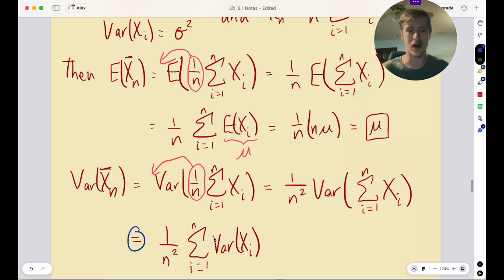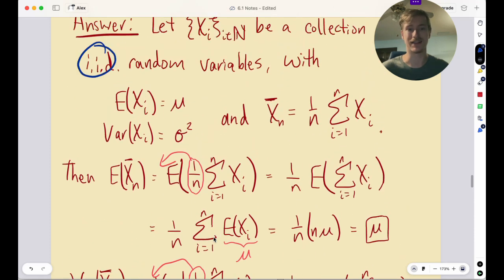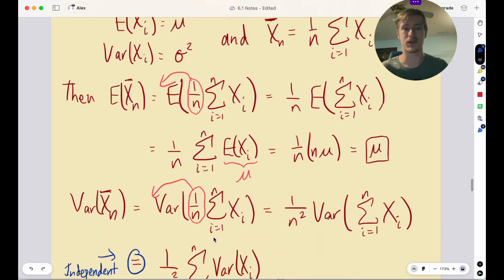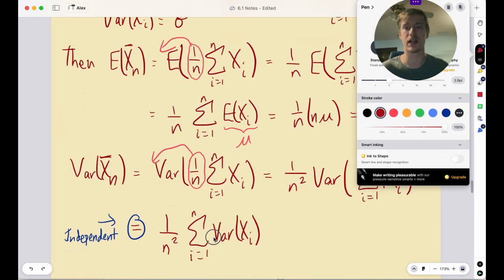Unless, what do all the x sub i's need to be in order for me to distribute the sum through the variance operator? They need to be independent. They are independent because they are independently and identically distributed. That's why that's important. Sometimes you can loosen that restriction. This isn't the class for that.